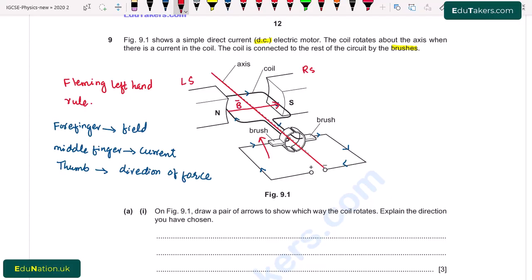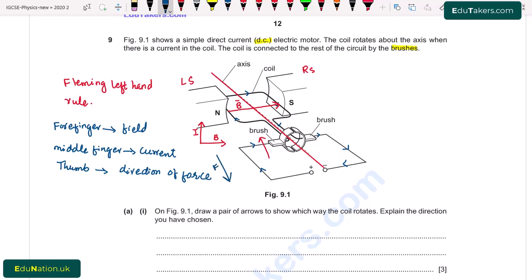So if I draw here the magnetic field B and current flowing in the upward direction, I apply Fleming's left hand rule and see that my middle finger represents the direction of current, which is upward, and the forefinger is horizontal in the direction of the magnetic field. Then my thumb will be in the downward direction, meaning that the force is acting in the downward direction here.